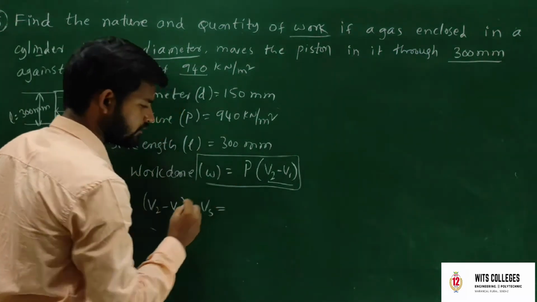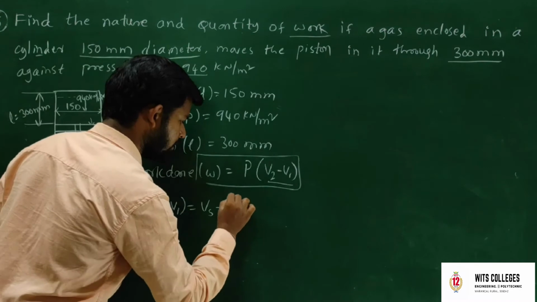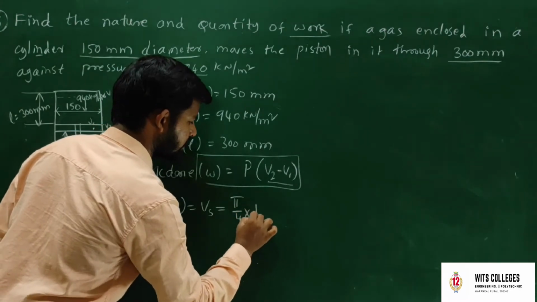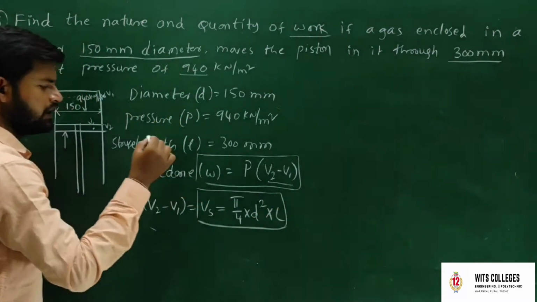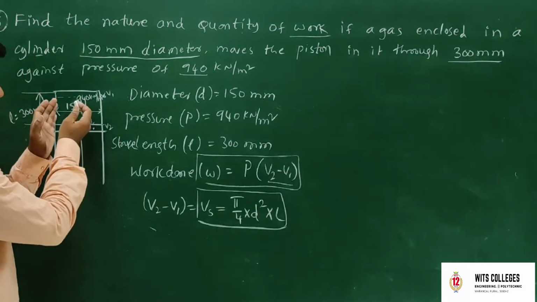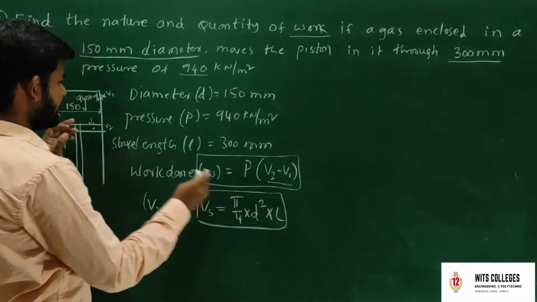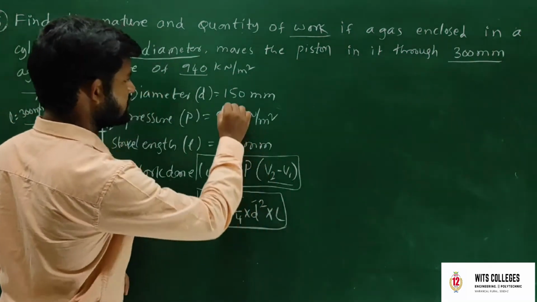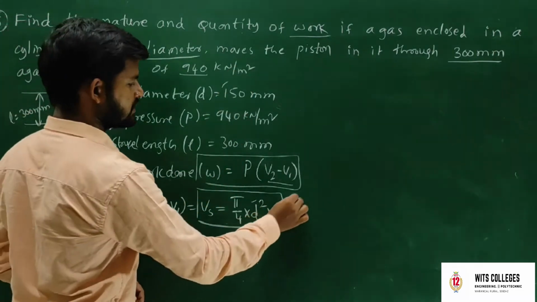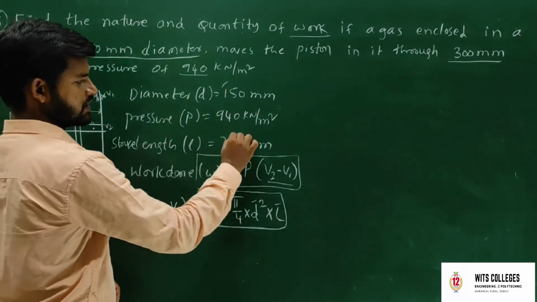The stroke volume formula is pi by 4 into d square into L, the length of the stroke. Here the diameter is 150 mm and the length of stroke is 300 mm.